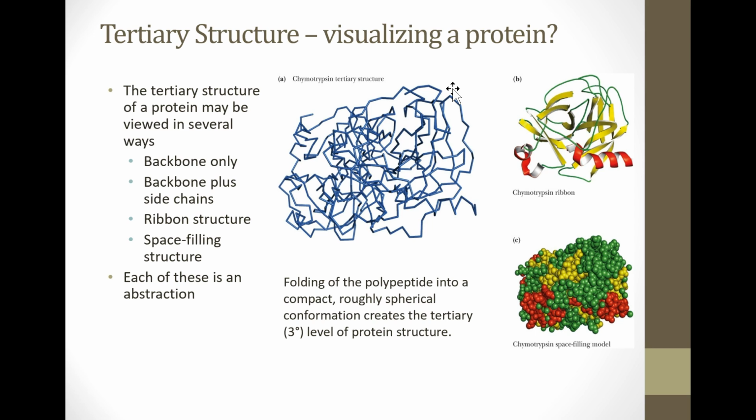Tertiary structure is the structure of a protein in 3 dimensions. And there's lots of ways that we visualize these. You have space-filling models, you've got ribbon models, which I think are the most common. You occasionally just see backbone models, like in figure A here.